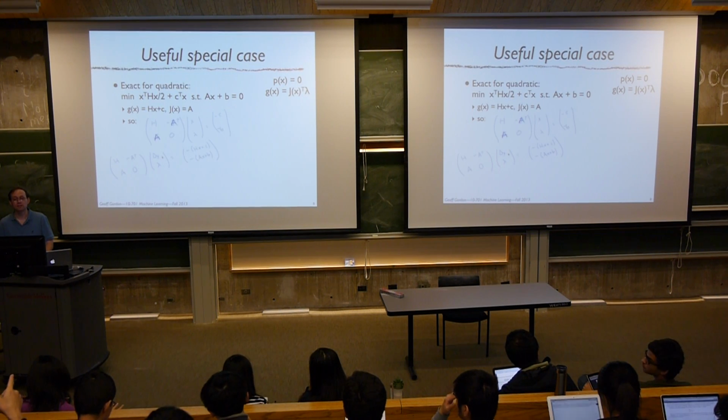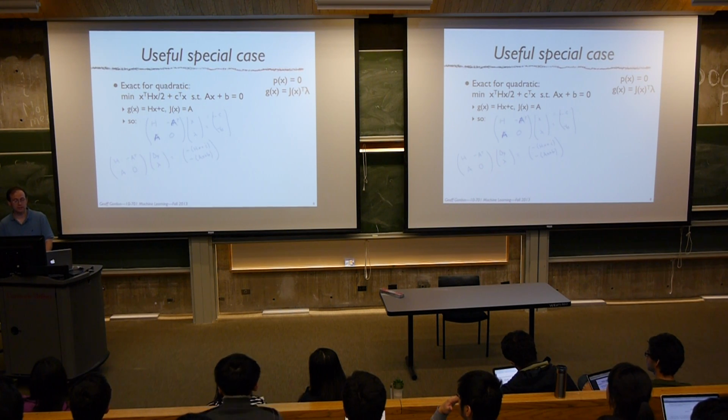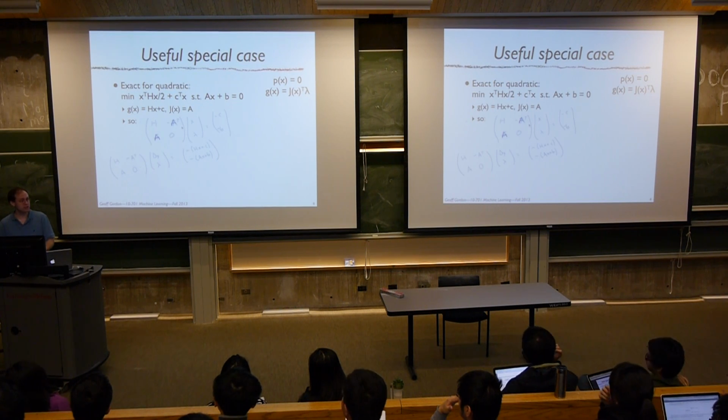So we can think about the formula without the delta x as, well, you just write down the KKT condition and solve it. So this is essentially just writing down the KKT conditions. If we have it in this form, this is exactly the KKT conditions from the previous slide, and it turns out to be a set of linear equations, and so we can just solve it.